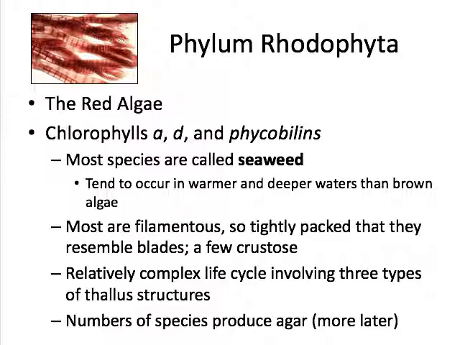Most of them are filamentous, so tightly packed together that it actually looks like a blade, but it's really just condensed filaments. And a few are crustose, appearing like a crust on the surface of rocks. They have a relatively complex life cycle involving 3 different types of thallus structures, and a number of species produce the economically important product called agar, which we'll talk about at the end of this lecture.